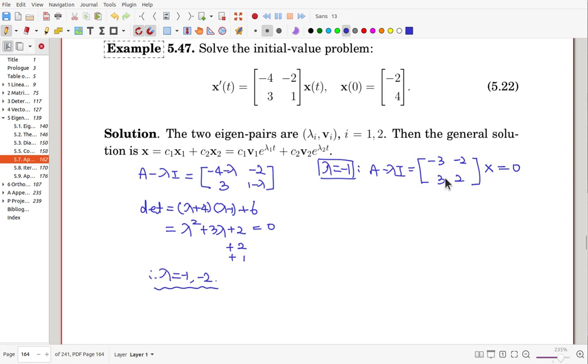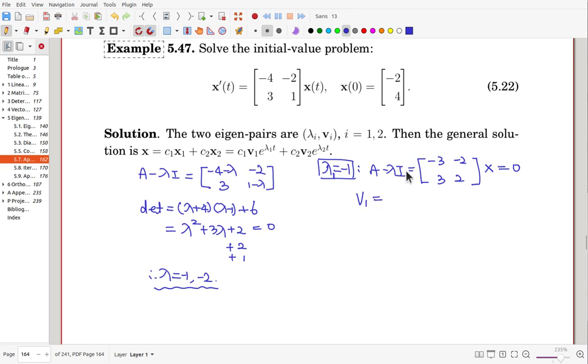Essentially these two rows are the same, and just the addition will make one row 0. So here, for the corresponding eigenvector, we'll use the notation V1 for lambda 1.